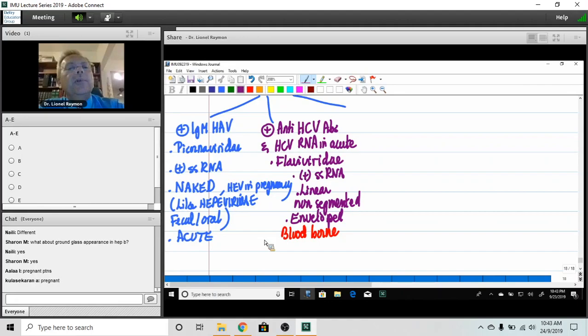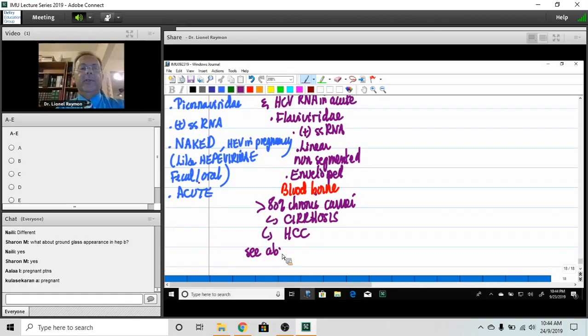Now, importance of hepatitis C, more than 80% become chronic carrier. And if they become chronic carrier, then they can develop cirrhosis, and they also have oncogenicity with potential for hepatocellular carcinoma. So I'm going to say see above for treatment, and the drugs I was plaguing you with have the advantage over interferon and ribavirin that they have cured people with hepatitis C. It's just they're very expensive to use, obviously, but they manage to eradicate hepatitis C.